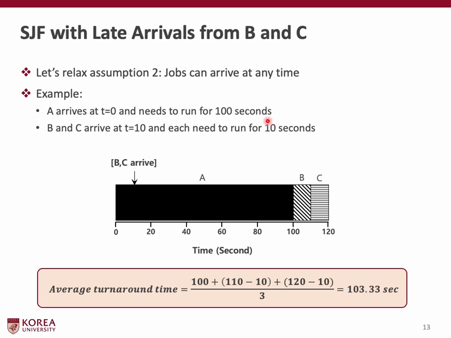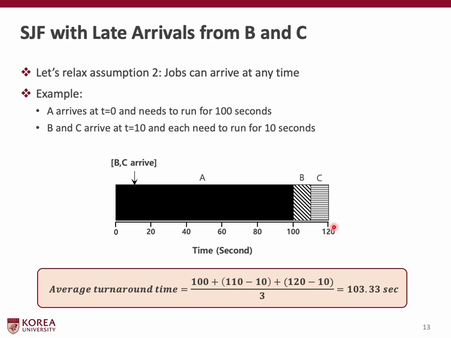Because SJF is non-preemptive, when A starts running at time 0, it keeps the CPU until it finishes. This means B and C have to wait the full 100 seconds before they even get a chance. As a result, B finishes at 110 and C finishes at 120 seconds.